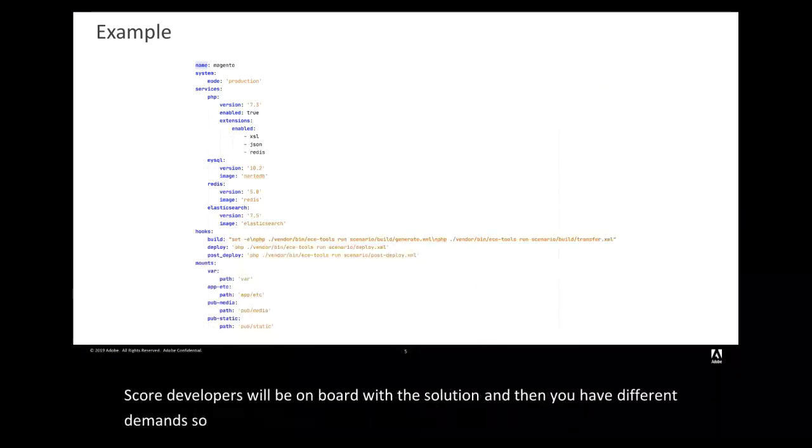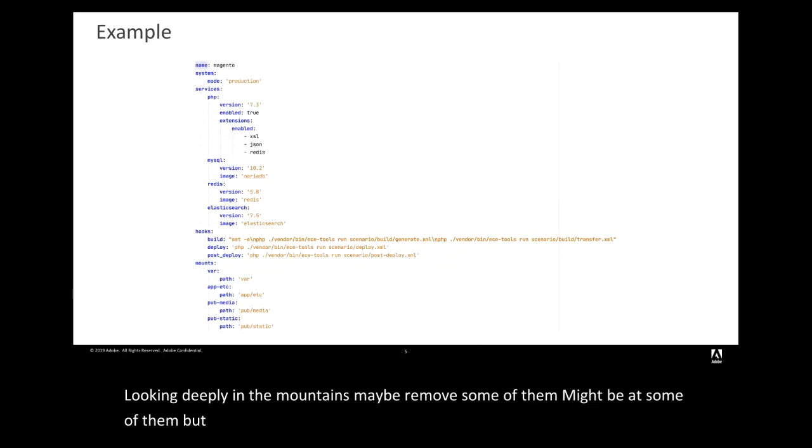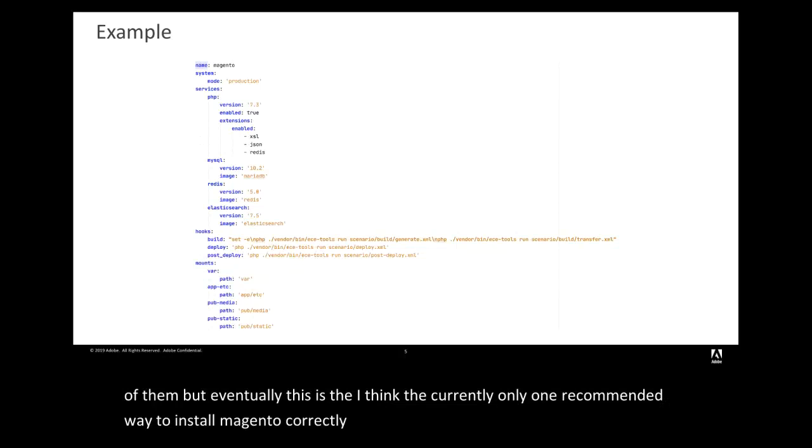So I think we will look deeply into the mounts, maybe remove some of them, maybe add some. But eventually this is currently the only recommended way to install Magento correctly: to have a redundant file system and to have 4 writable directories.